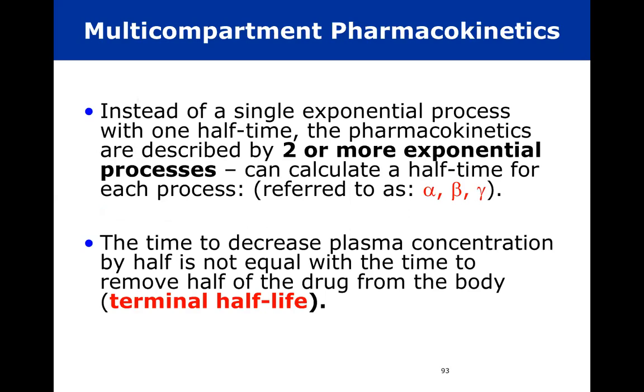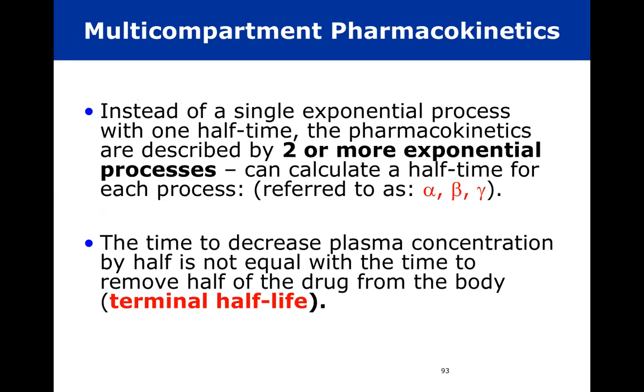Now we are reaching multi-compartment pharmacokinetics. Instead of a single exponential process with one half-time, the pharmacokinetics are described by two or more exponential processes. We can calculate a half-time for each process rather than a single half-time.